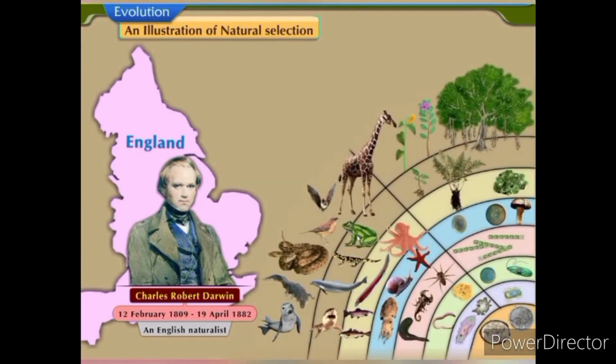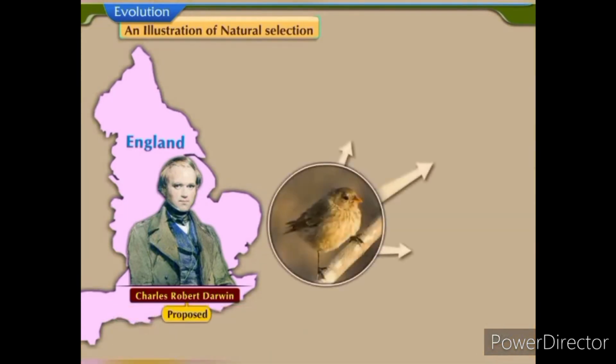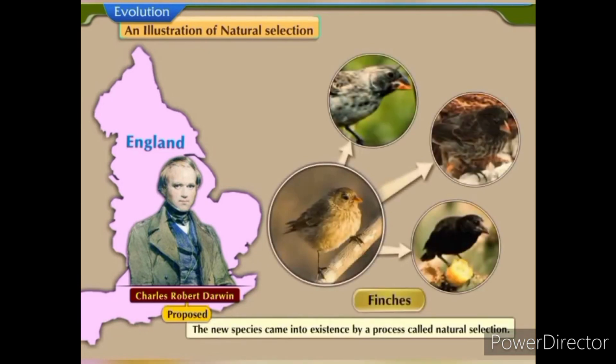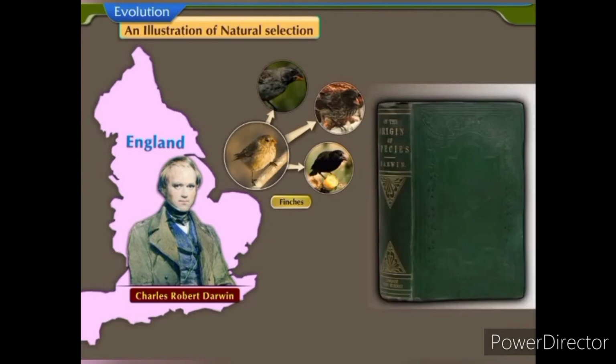He established the fact that all species of life have descended from common ancestors. He proposed that new species came into existence by a process called natural selection. As a result of careful study and observations of many years, he proposed his own theory of evolution and published it in a book called The Origin of Species in the year 1859.